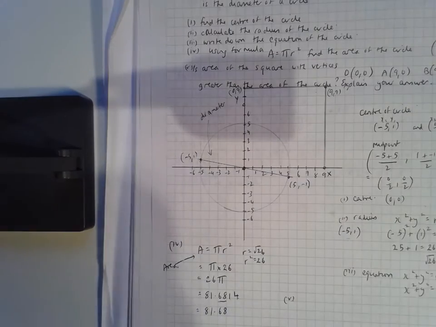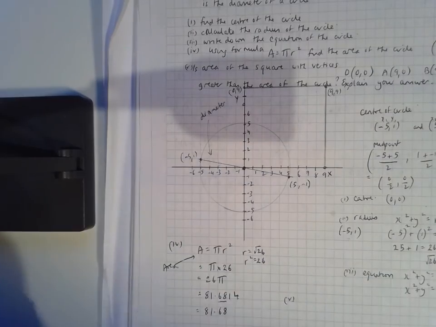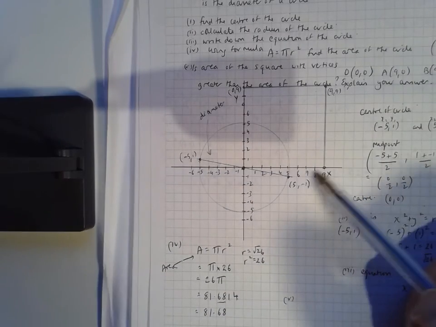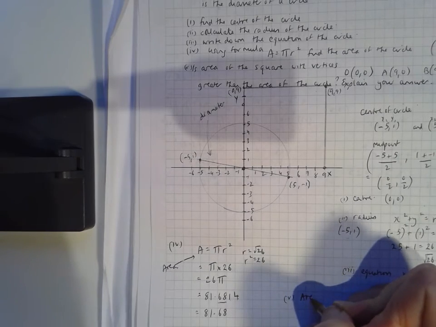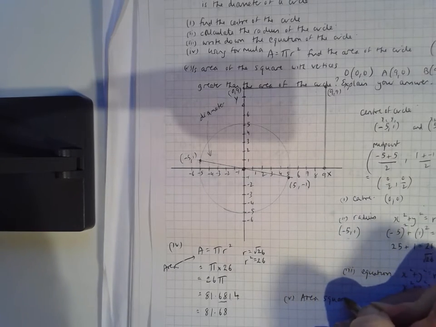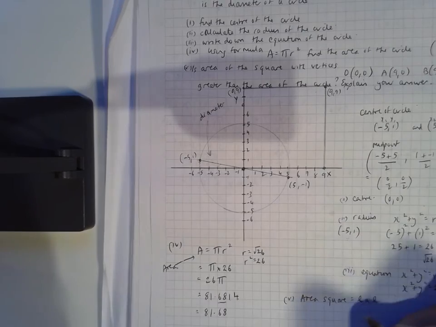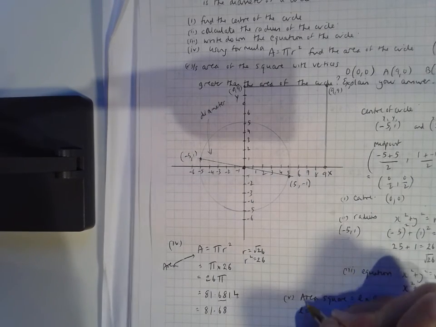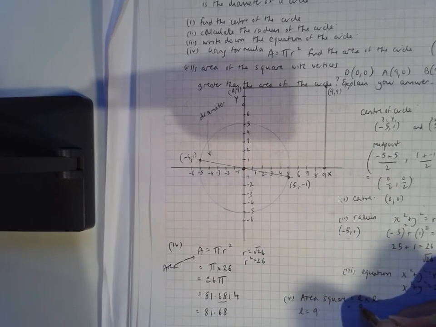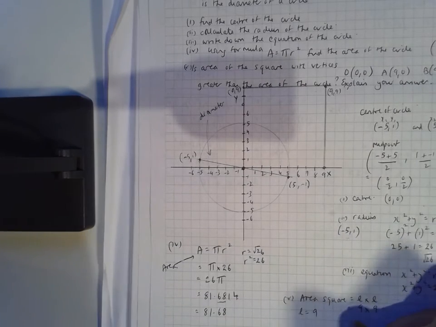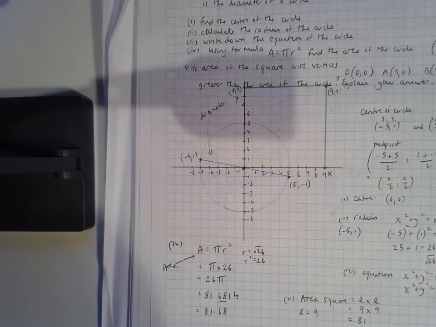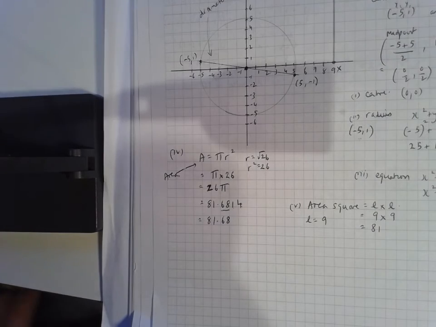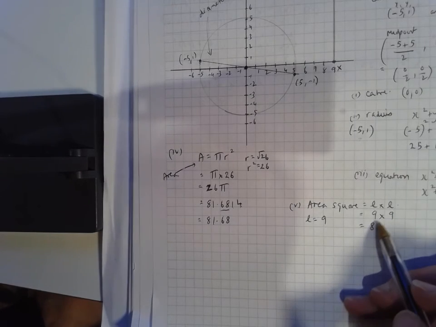Now, what is the area of that? The area of that square is the length by the length. And the length of that side, L, is equal to 9. So actually it's 9 times 9, which is 81. So we have that the area of the square is 9 by 9, which is 81.